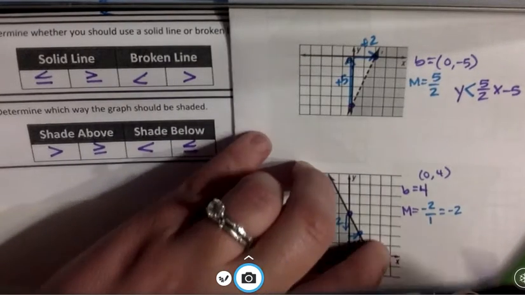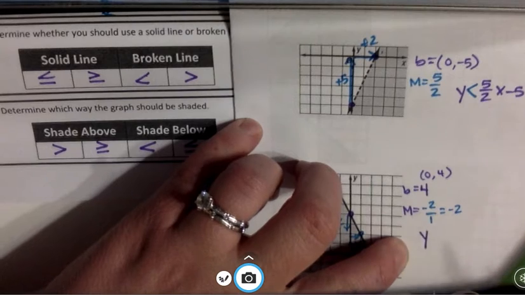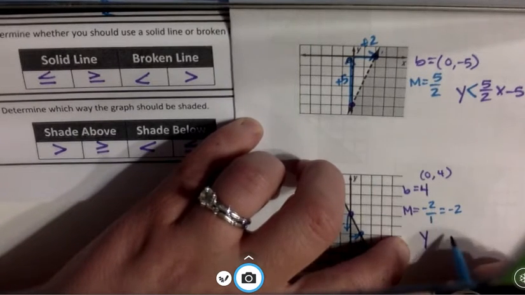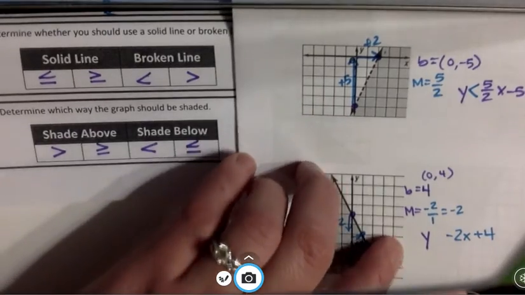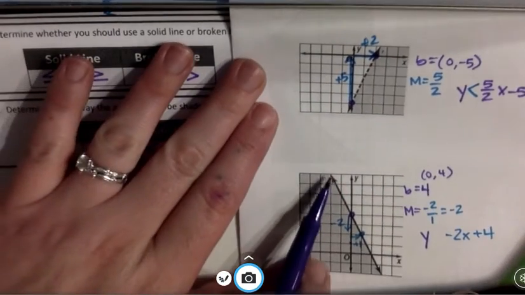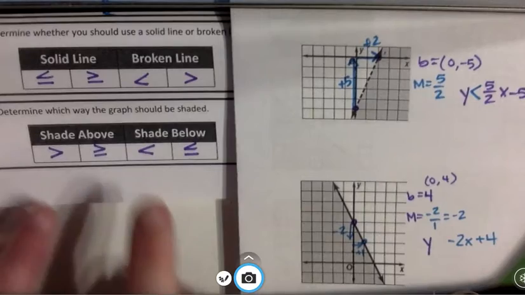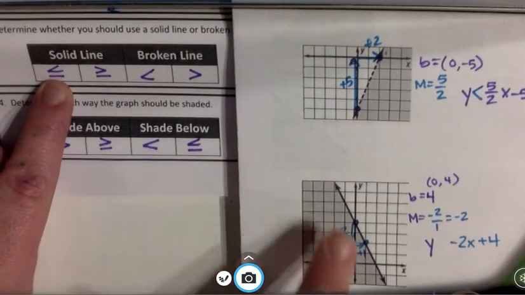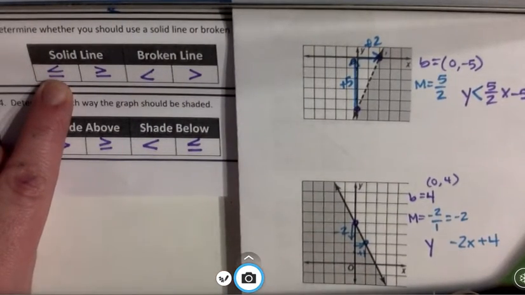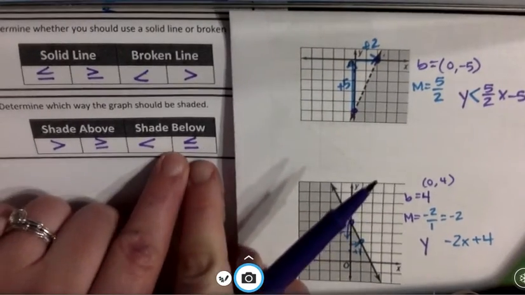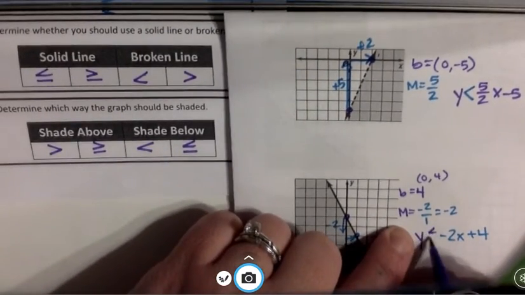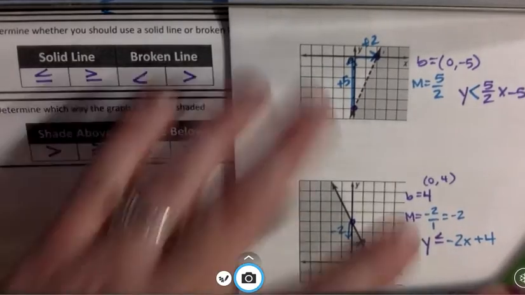So now my equation, or my inequality, that I'm going to write, y is -2x plus 4. And now I have to pay attention to this solid line. That means I have a solid line and then it's shading below. So solid line shading below is this less than or equal to symbol.